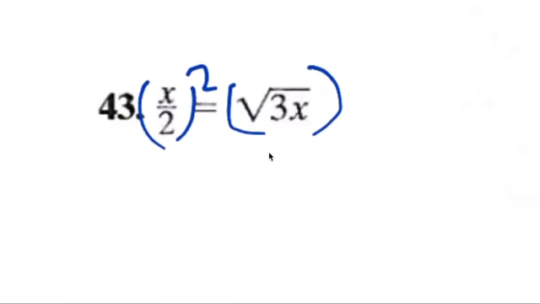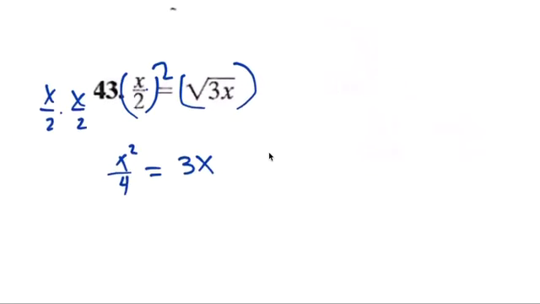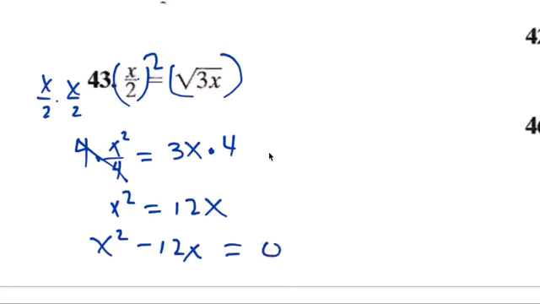Now when you square this, it's x over 2 times x over 2, so you get x squared over 4. And then what you do here is, you get x squared minus 12x equals 0.